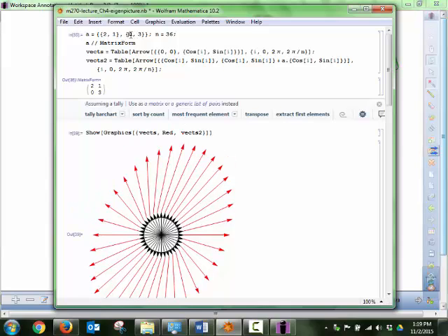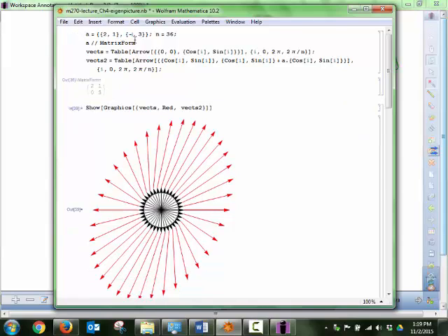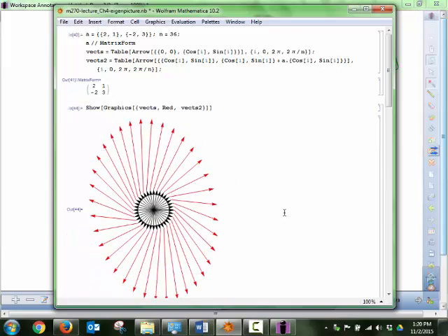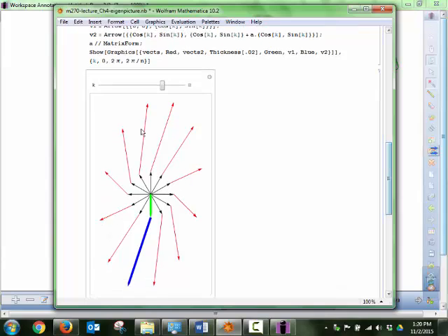Make this into a -2. No, that wasn't that interesting. Anyways, here's going around the circle and trying to figure out.